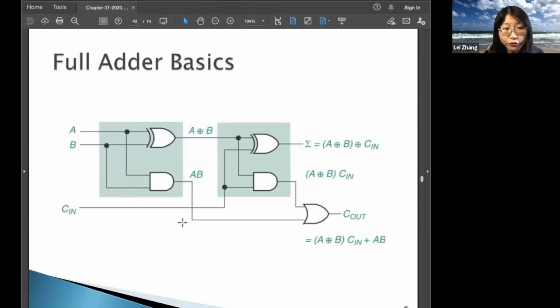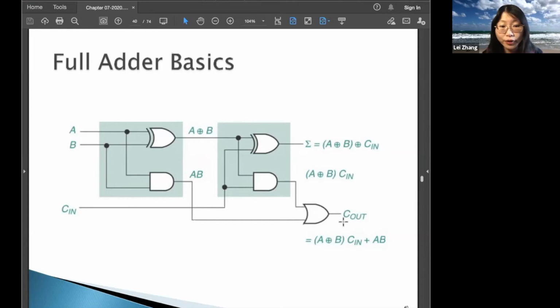So for the full adder, for 1 bit, how many gates will it pass? When we talk about the propagation delay, we normally check the longest propagation delay path. You can't use the smallest delay; we have to check the longest path. So for this full adder, it will give us 3.